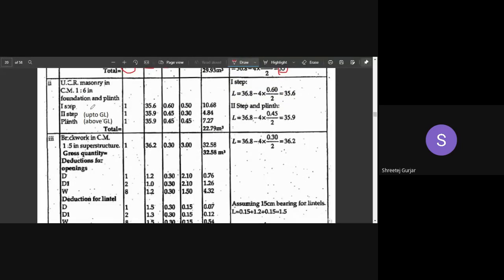Now moving on to UCR masonry in foundation, that is uncoursed rubble masonry in foundation. You can see we have divided it into three steps. If you look into your cross section, actually we have two steps. The second step is divided into up to ground level, and then from ground level to plinth.